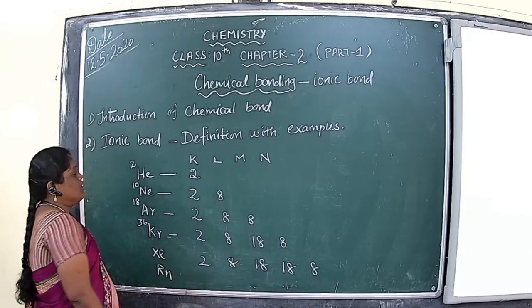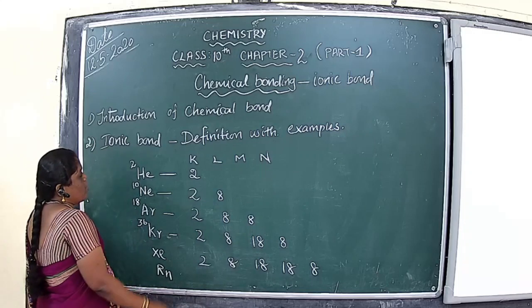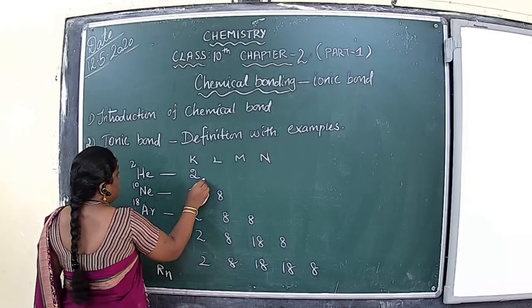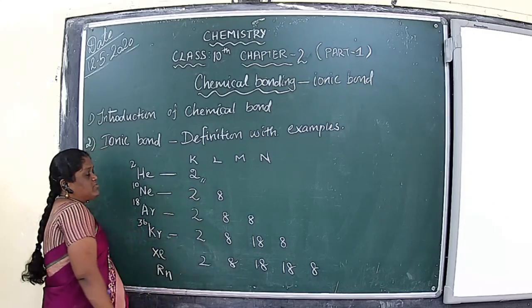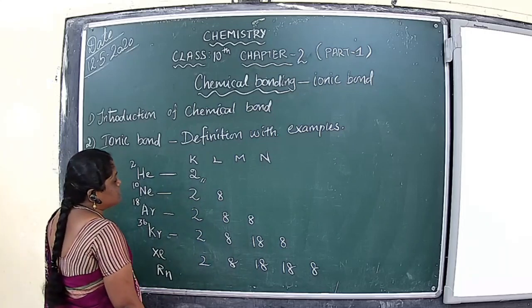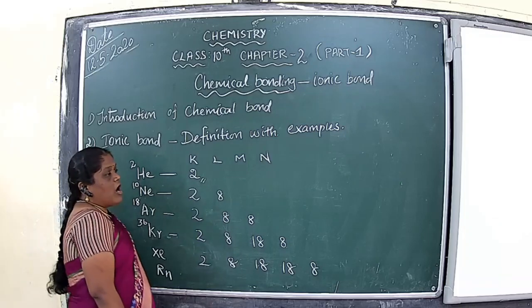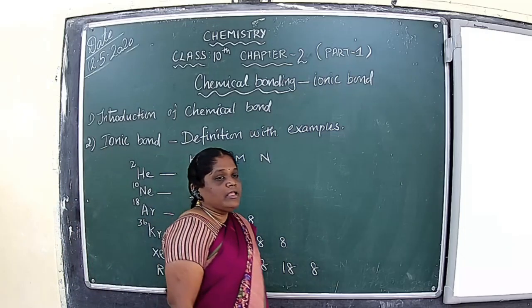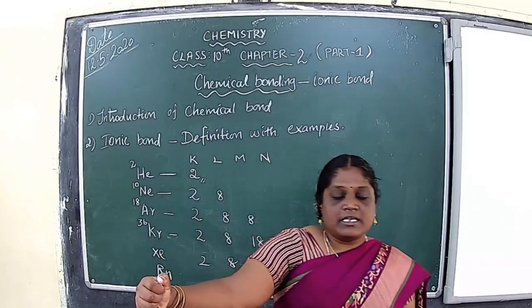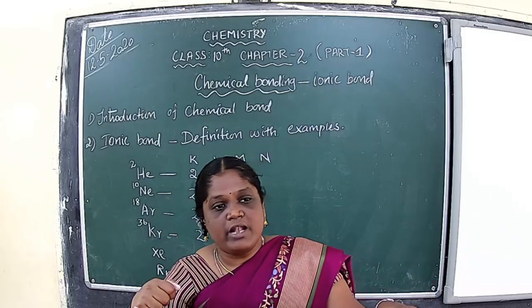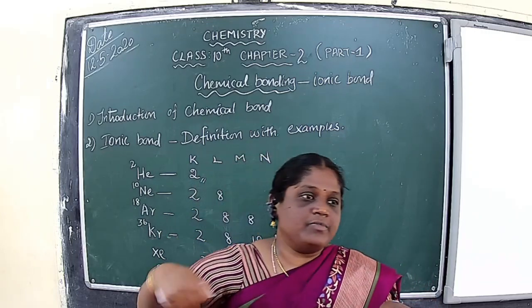Understood? So now you can see helium has 2 valence electrons. How can we say that an atom has a stable electronic configuration?